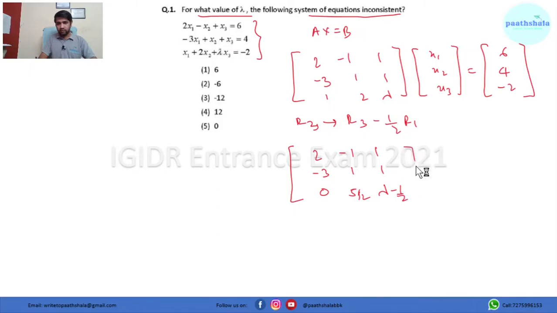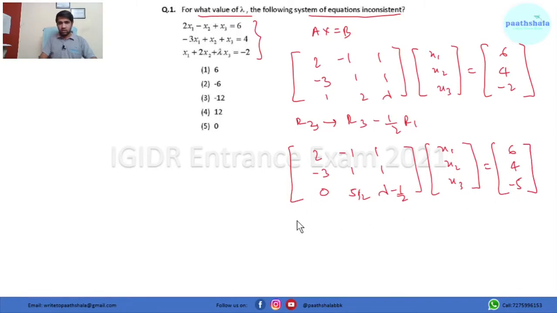Similar change we can find on the right side: 6, 4 and -2, and if I divide 6 by 2 we get 3, so -2 minus 3 is -5.